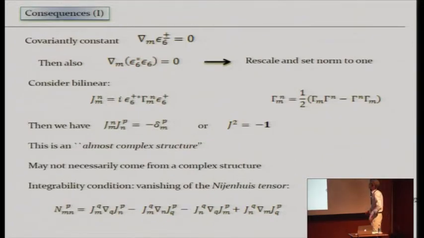So that means that you can just rescale it and set it equal to 1. So we'll assume that. But then there are other interesting bilinears that you could look at. So there's this bilinear, which is epsilon 6 plus dagger, gamma_mn, epsilon 6 plus. And gamma_mn is the basic Lorentz generator, the basic SO(d) generator.